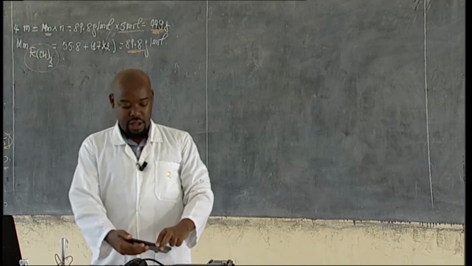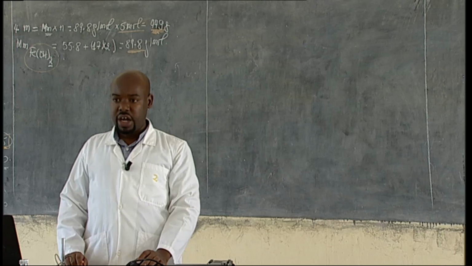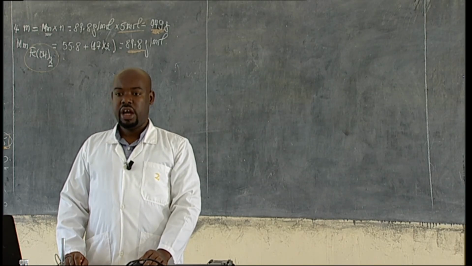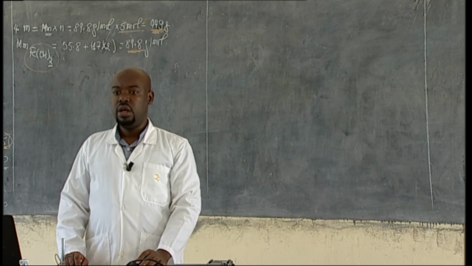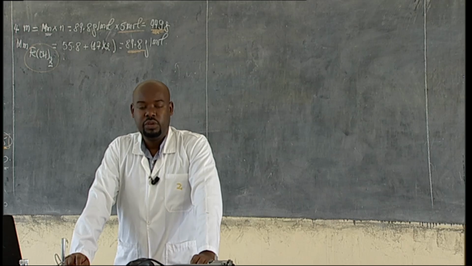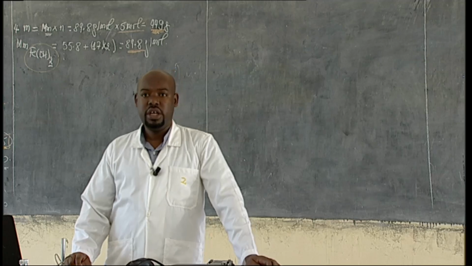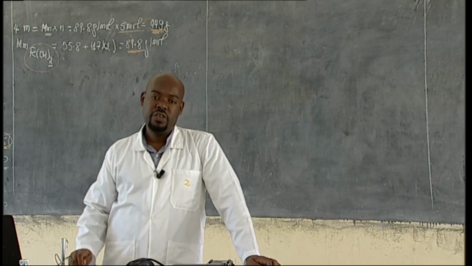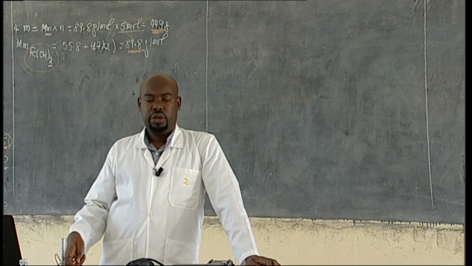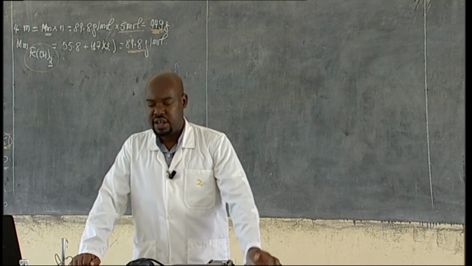Good. So we go to the next question: calculate the percentage by mass of iron in iron 3 oxide. Iron 3 oxide, it's this one. So here you have to be very careful. In Senior 1, we have studied how to write the molecular formula of compounds. We also reviewed that in some units of Senior 2 as exercises.